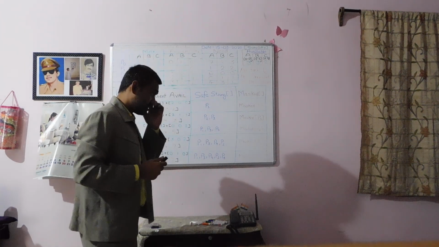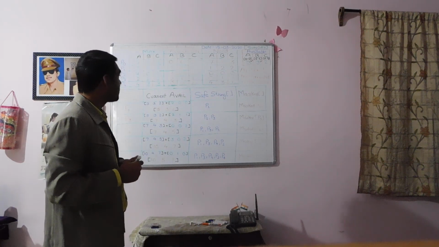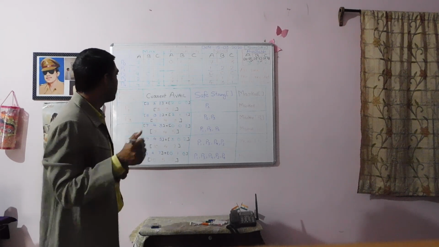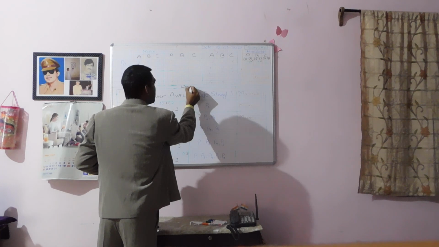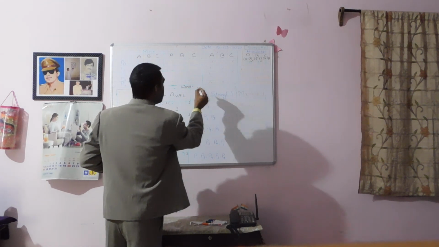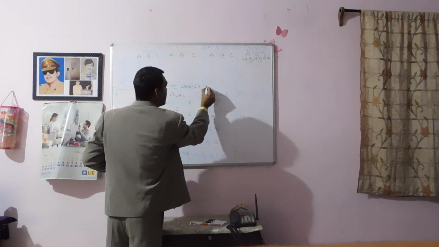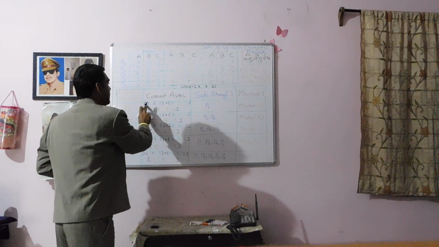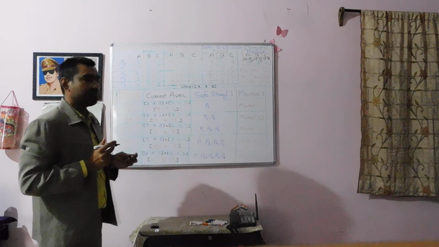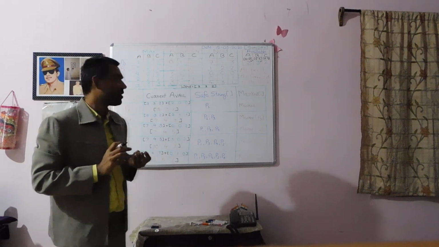We'll be starting with work, which is initialized to 3, 3, 2. Further updation we'll see over here.